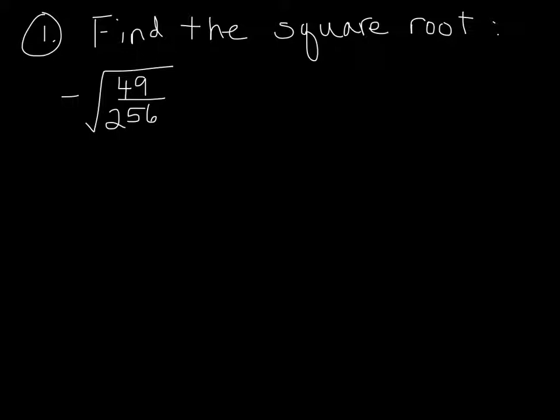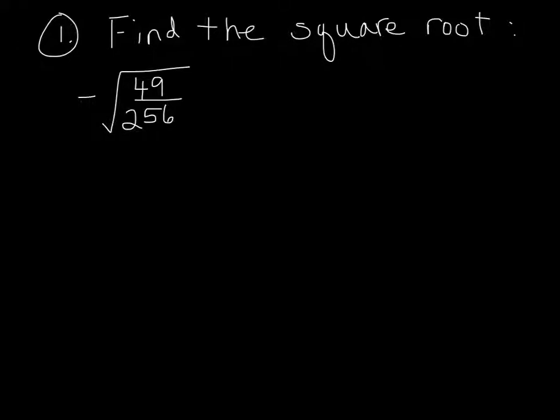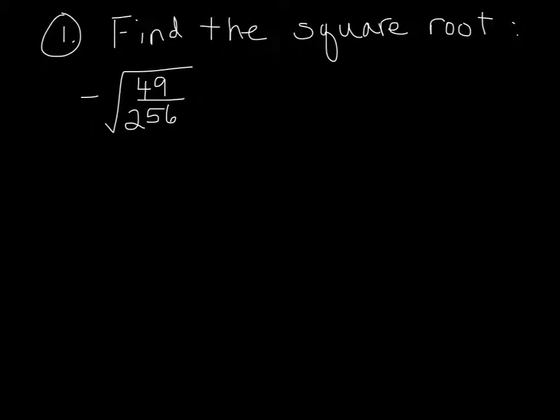Okay, let's try this one. Number 1, find the negative square root of 49 over 256. All right, so you need to think, what can I multiply by itself, or what equal factors would multiply to be 49 over 256? Well, the top is easy.